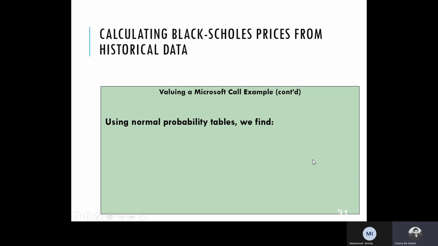Next, we will use the normal probability table, or Excel, or a financial calculator, and we calculate N of d1, which we will get as 0.5805.